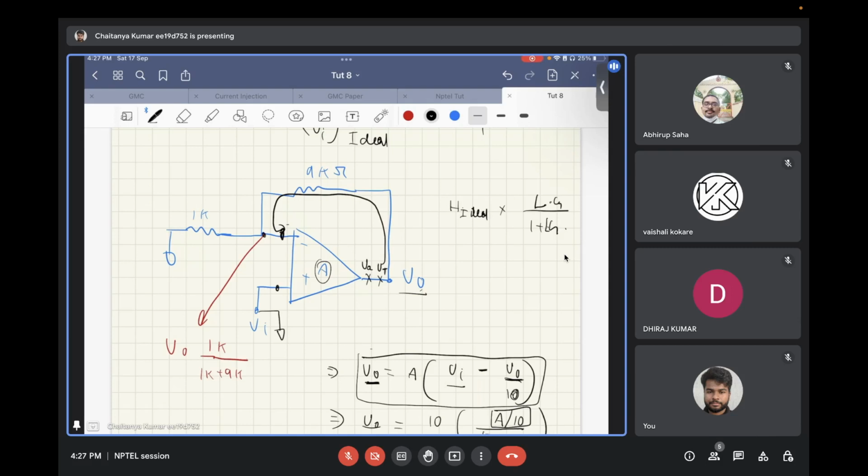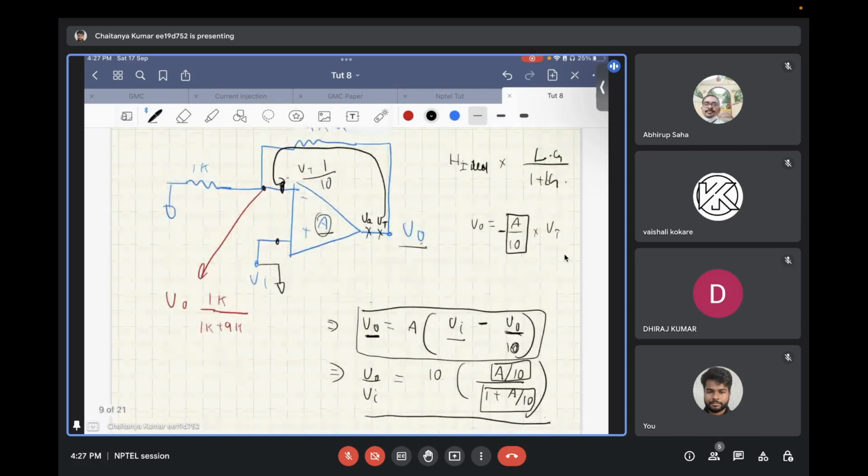From VT to the negative terminal of the op amp, you have VT upon 1 by 10, that is through the resistor divider, and then this gets multiplied by the gain of the op amp. So VA is basically equal to minus A by 10 into VT. So this is the loop gain.